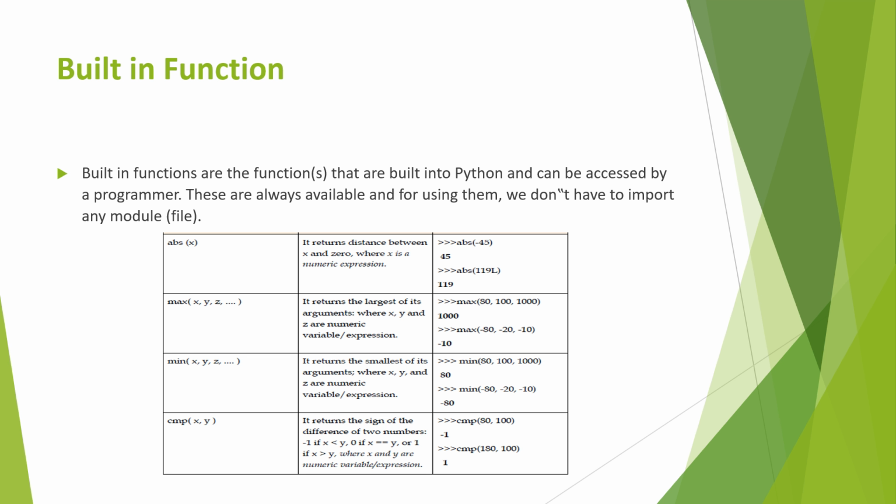Instead of writing a big program, you can use the function named max to find out which number is the bigger number. Max in brackets, if we give some numbers, it will take the maximum number from them. Min is also like that, where it takes the minimum number. CMP, comparison, you can also use to compare two numbers. So these are the 4 built-in functions which are commonly used for doing a comparison.